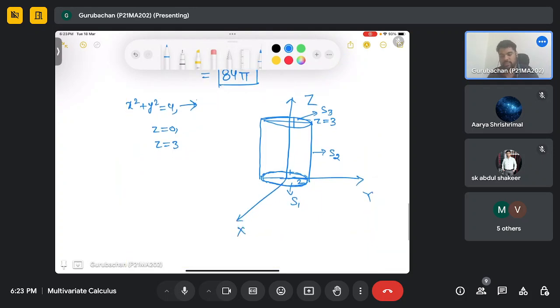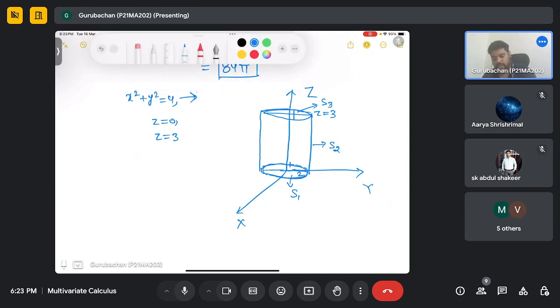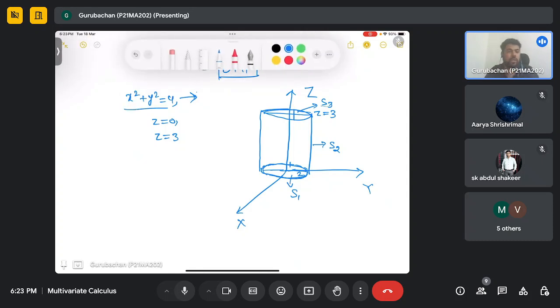In order to discuss the surface, we have been given x² plus y² equal to 4. And what is our n cap? N cap is gradient of f divided by its magnitude. It is the unit normal vector. Here f we can take as x² plus y² minus 4 equal to 0.